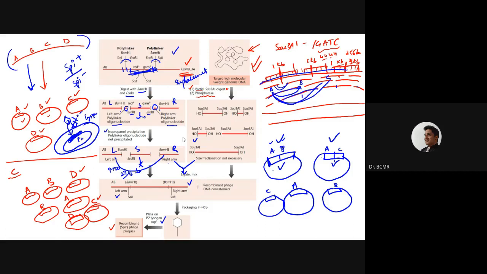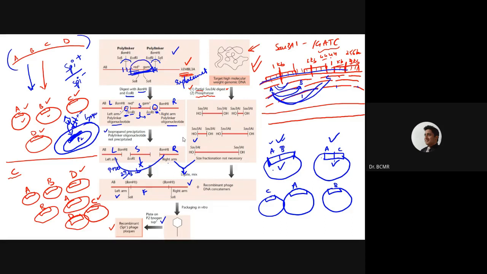So how we are increasing that only the recombinant with the fragment, left arm fragment and right arm, are formed is using several aspects. First thing is we are using two restriction endonucleases and eliminating the polylinkers, as we have shown. Second thing is we have included red and gam.